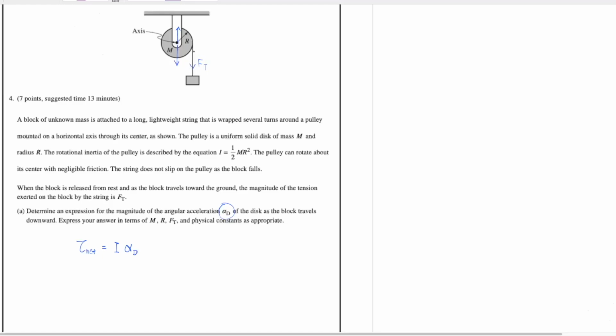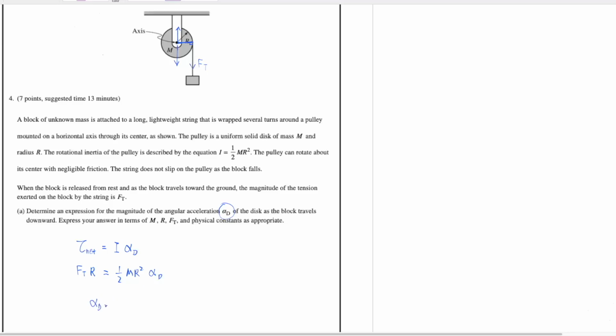This tension force definitely creates a torque. The torque can be expressed as Ft times the lever arm. The lever arm is exactly r, since this is perpendicular. So the net torque is just Ft times r, which is I, which is 1/2 m r squared, times alpha d.